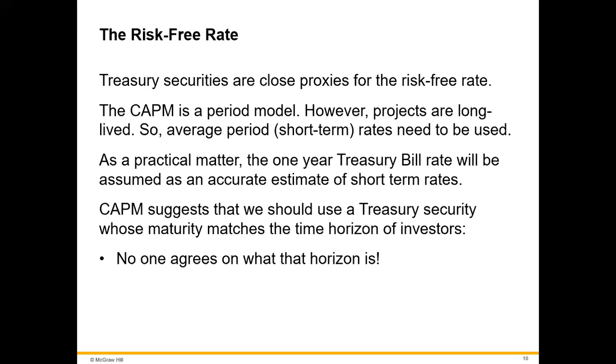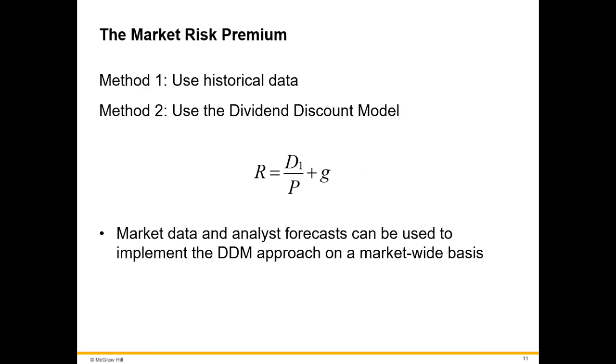So you can look it up. No one agrees on what that horizon is as far as how you should match your project with an actual Treasury security timeline. So basically we're saying it's a period by period model, but the short-term rate or the one-year rate is probably a good risk-free rate.